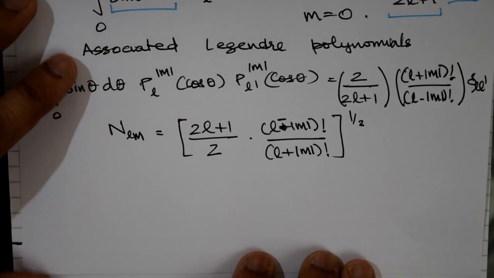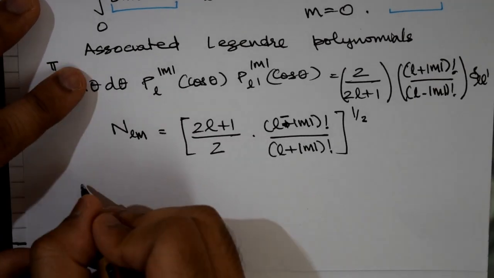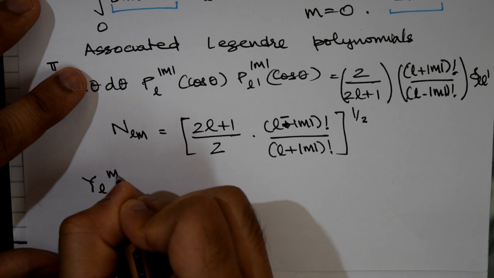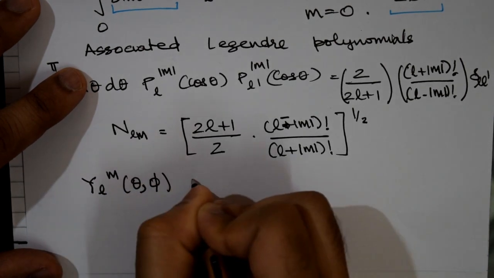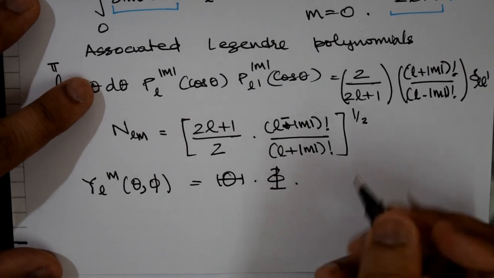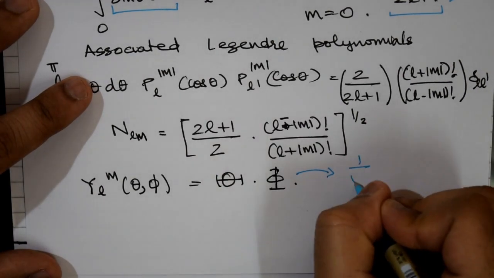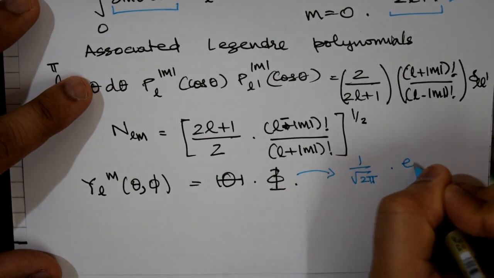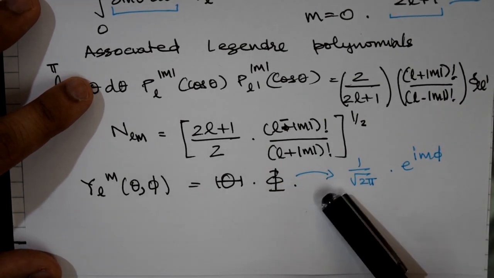So now we are finally ending up with the solution of what are the spherical harmonics. So you're going to have Y of theta comma phi, which is going to be given by capital theta times capital phi, and we knew that the capital phi was given by 1 over square root of 2 pi e power i m phi, right? Having done this, we need to just multiply this with the Legendre polynomials.